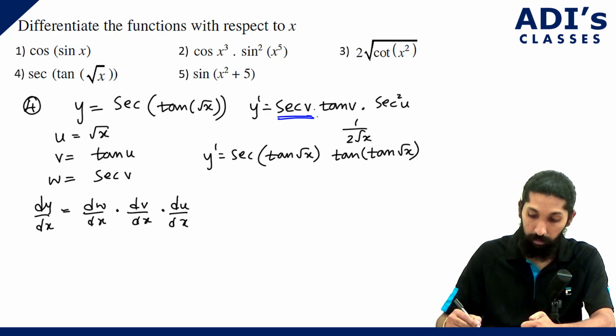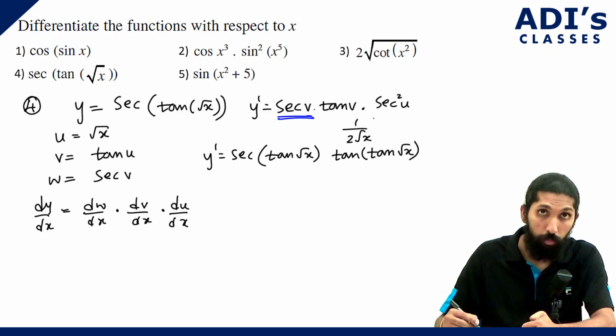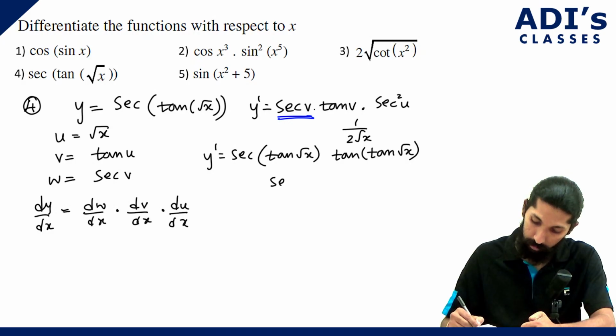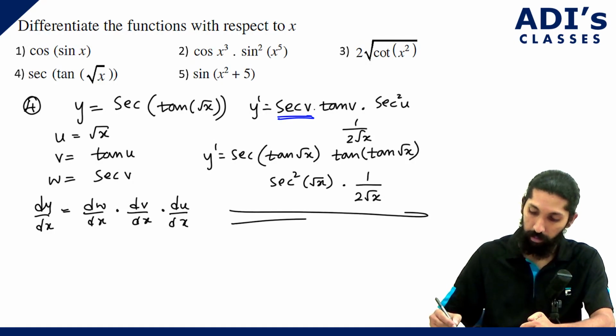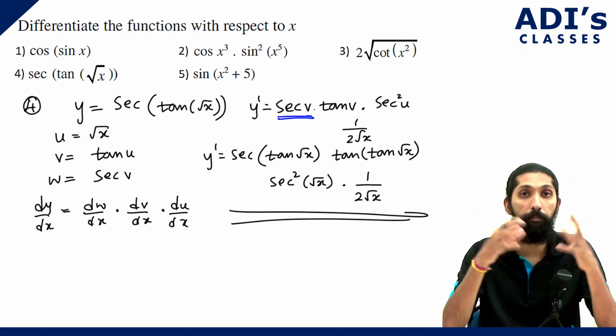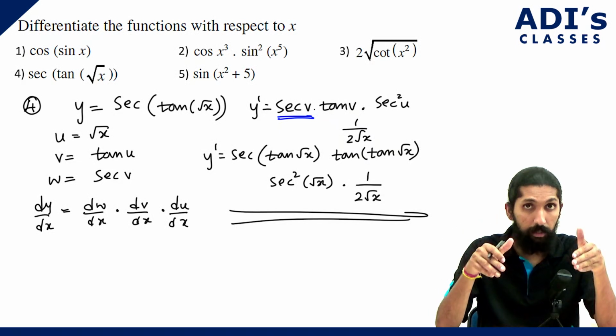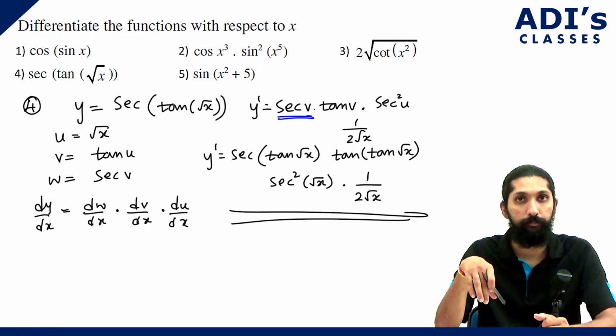Then secant square u, secant square root x into 1 by 2 root x. This is going to be the answer. Quite a huge answer, because secant itself is quite a big derivative. Inside that we have tan, that's also quite a big one. And finally we have root x.